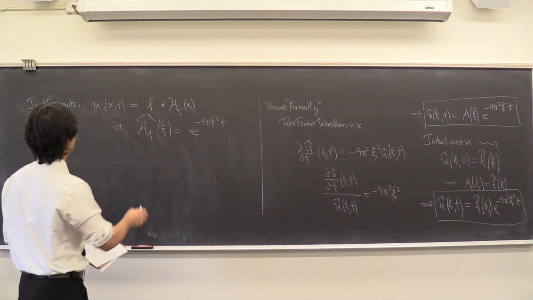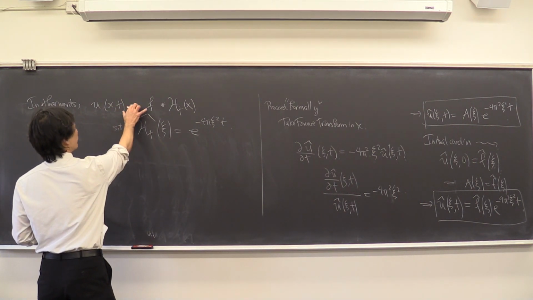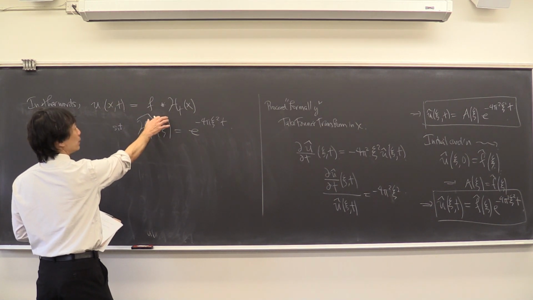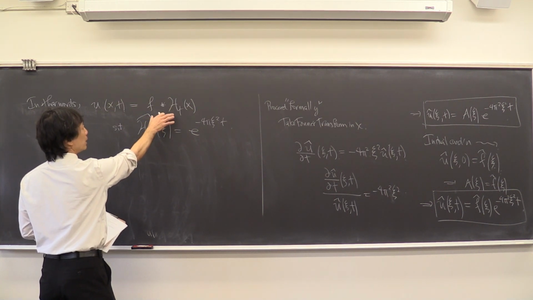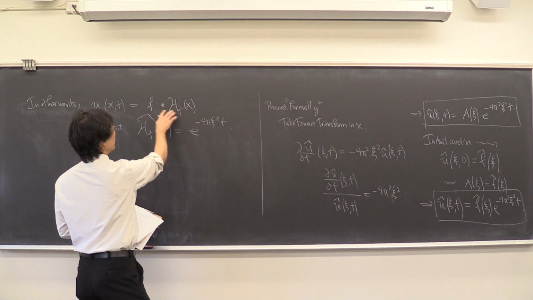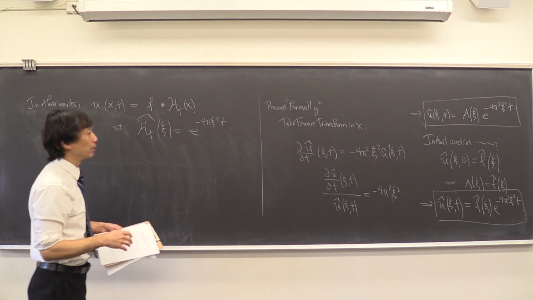Because if this is true, then when we take the Fourier transform of it in the x variable, we should end up with f hat times this thing.